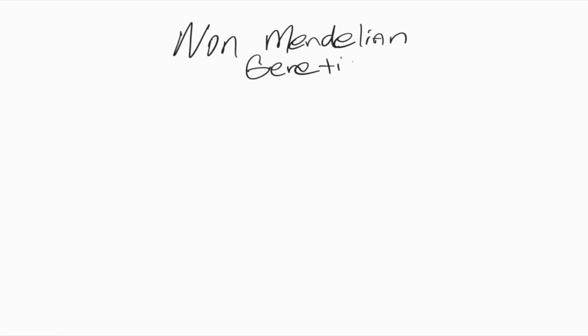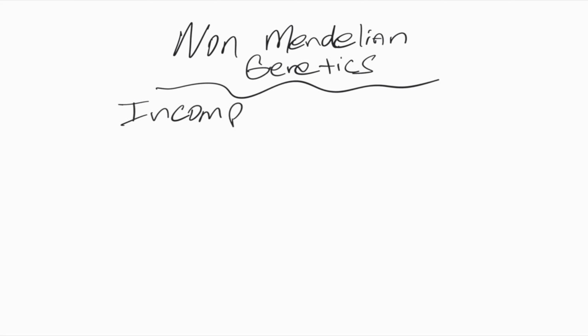So let's continue our conversation about non-Mendelian genetics. Okay, the very first example is number 1 on the activity sheet that I gave you, incomplete dominance.